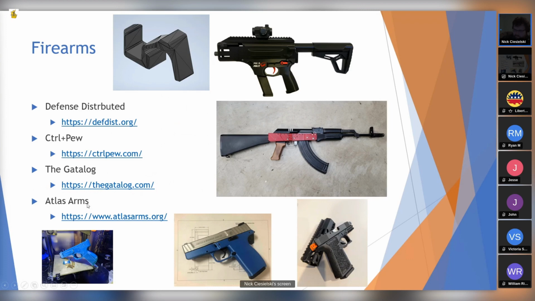Catalog is their website where they store all the files you could ever want as far as 3D printed firearms. And the last one, not so much 3D printed, but they are doing some interesting stuff with the idea of it being home manufactured, and that's Atlas Arms.